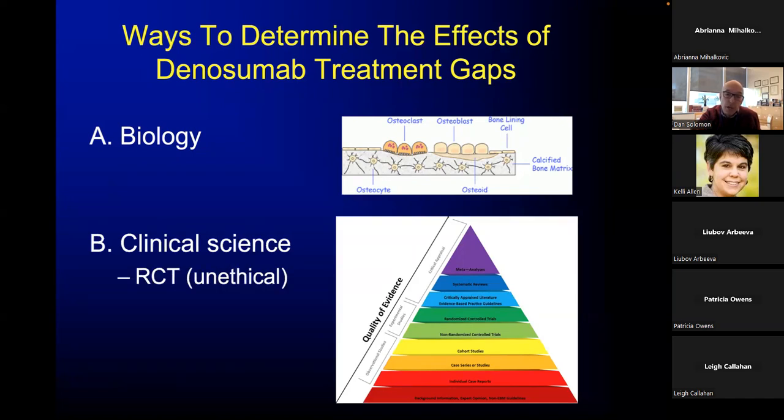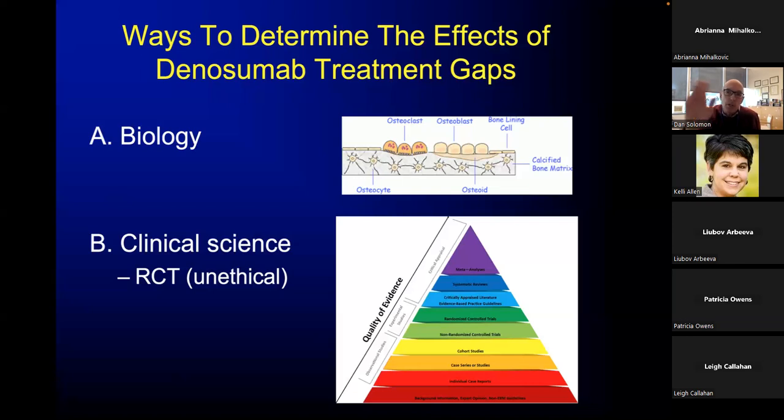The RCT of different denosumab treatment gaps would be unethical. We can't say, oh, all the trials of denosumab were done with 6 month gaps, but Mrs. Jones, we're not sure why 6 months was chosen.